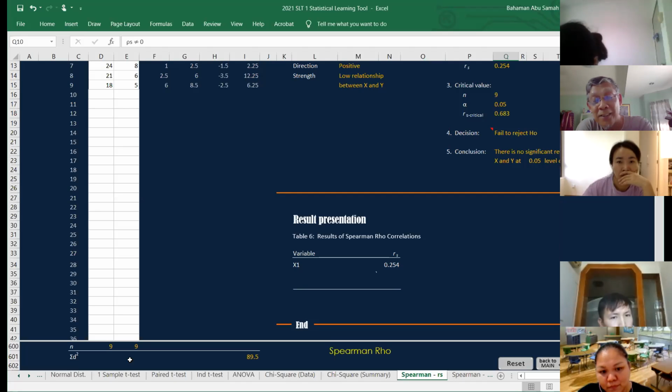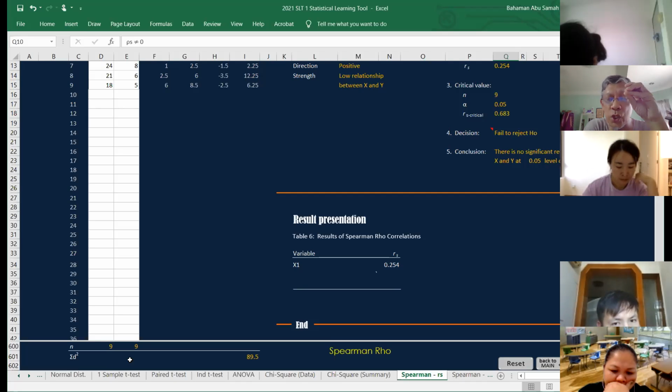Okay, Syuhada. I want to ask, in example 1, the sample size is less than 10. So why do we still need to calculate T? No. If your sample size is less than 10, remember in testing the hypothesis, step number 1, state H0 and HA. Step number 2, we don't need to calculate any additional statistic. We just report RS.